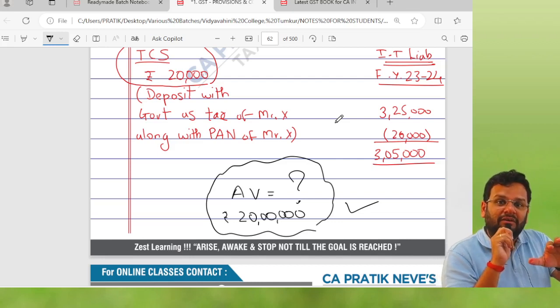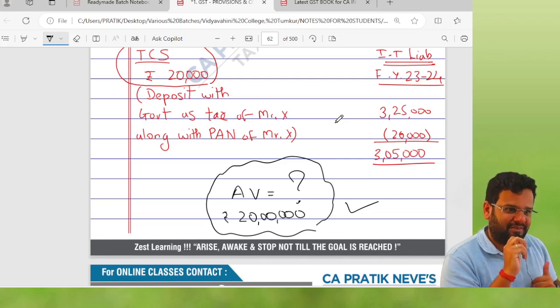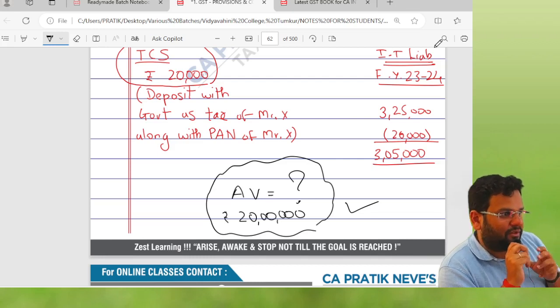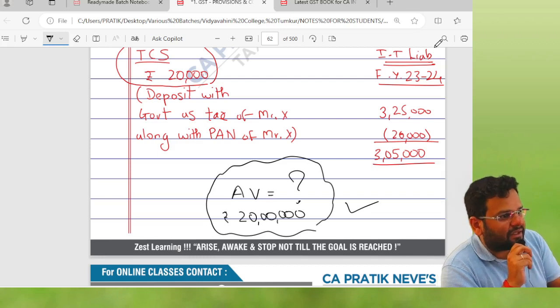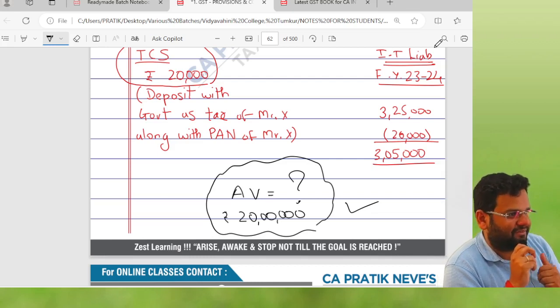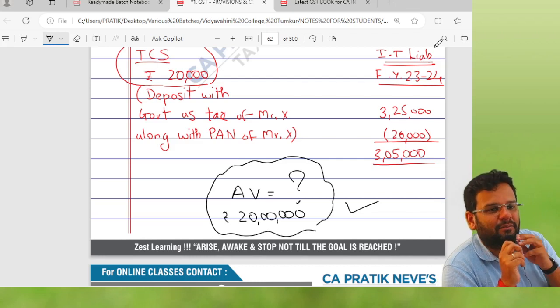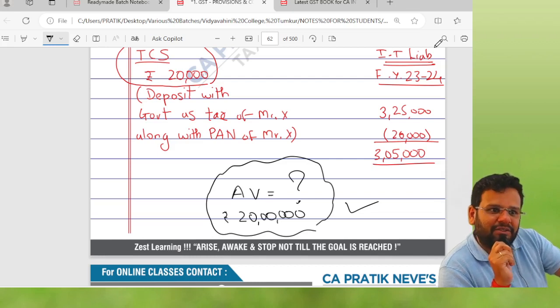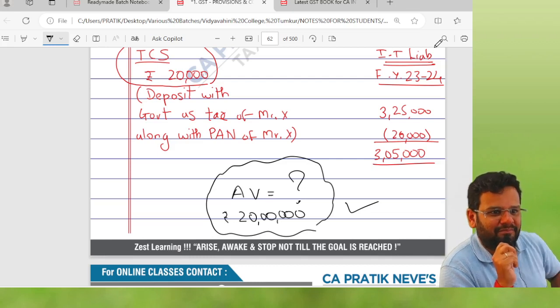They will check the corresponding income of those assessees. If the income of those assessees is not matching with this, then they can send notices asking why so little income is declared if you have such heavy expenditure. Heavy expenditure should be supported by heavy income.